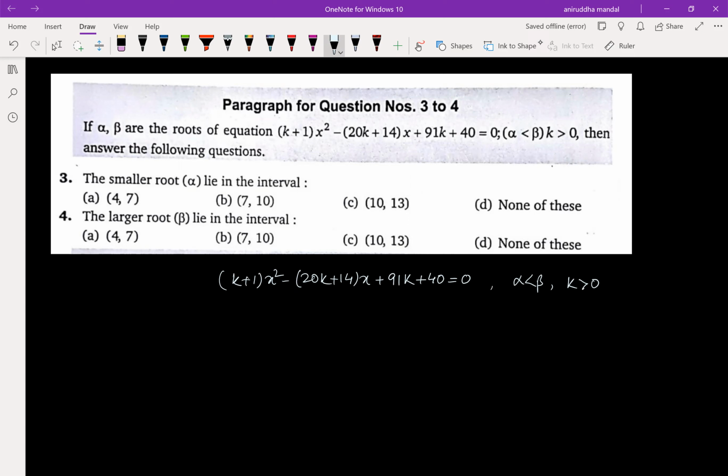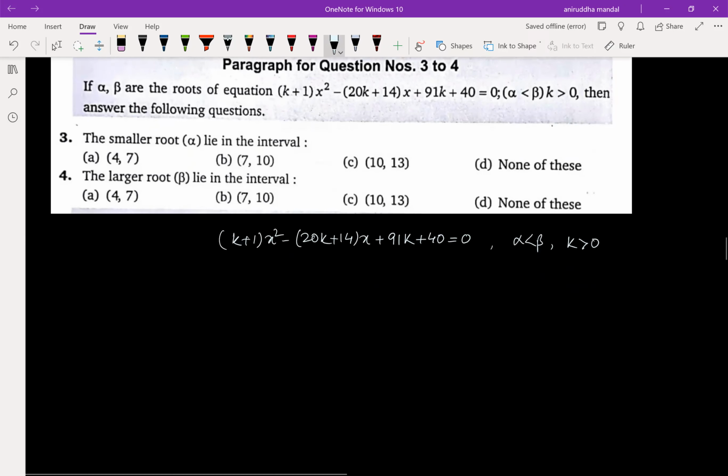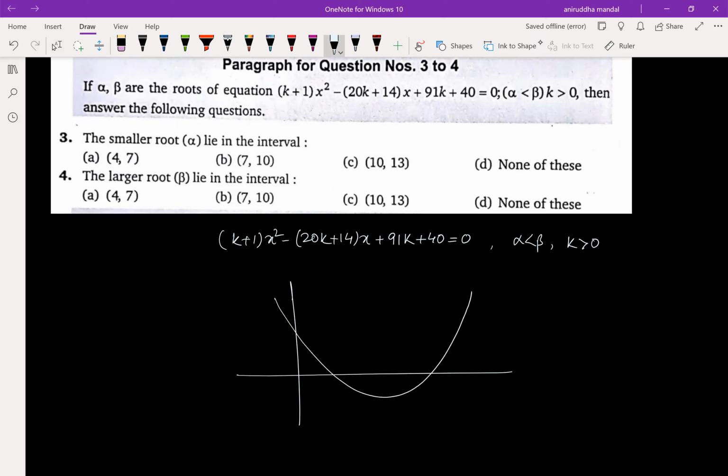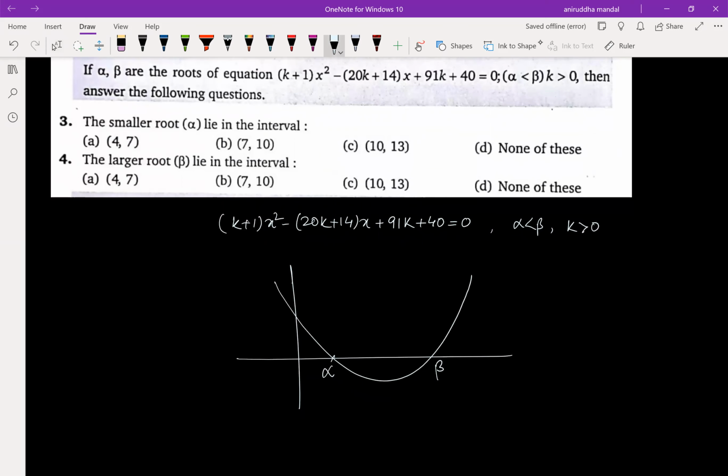So it is clearly seen that k is positive. So which means the graph of this quadratic will be like this. It is a parabola opening upward. So let's say this is alpha and this is beta, and we know this is the minimum value of this function f(x).